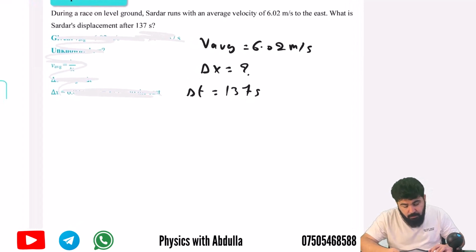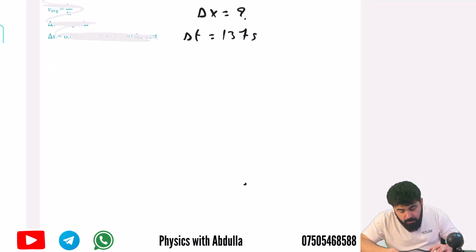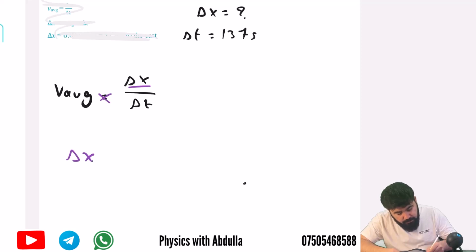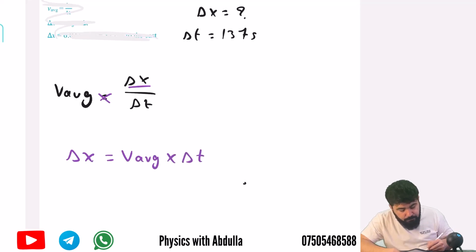Okay, now you know the equation for average velocity. We have average velocity, which is equal to delta x divided by delta t. We don't have this. We are trying to find delta x, so just cross multiply them. Delta x is going to be V average multiplied by delta t.